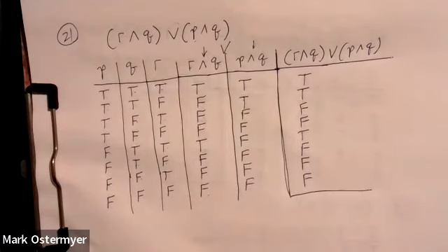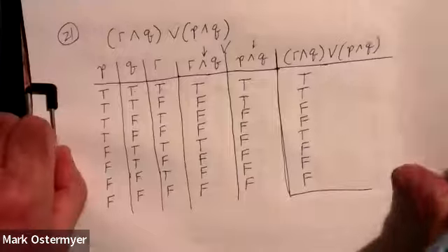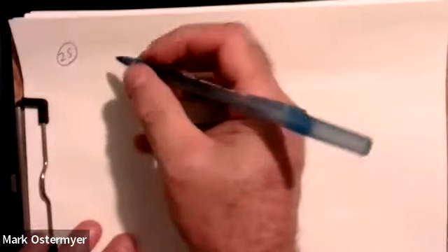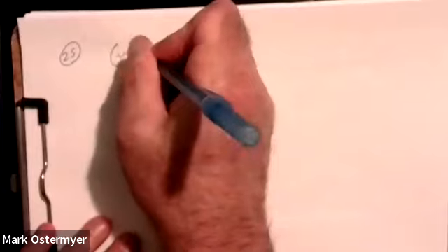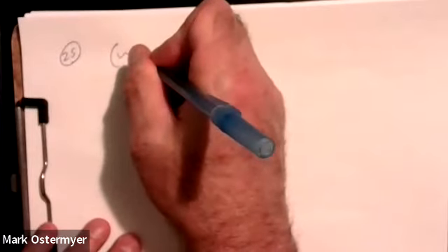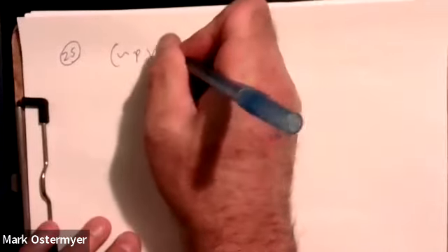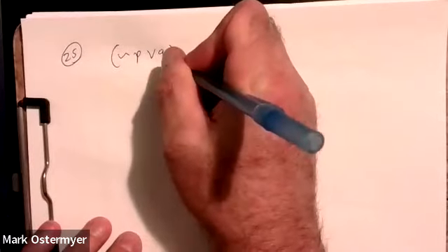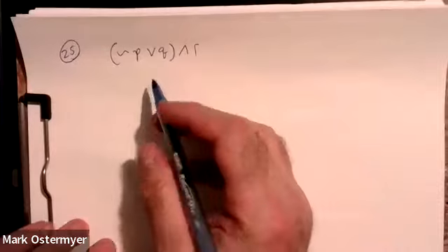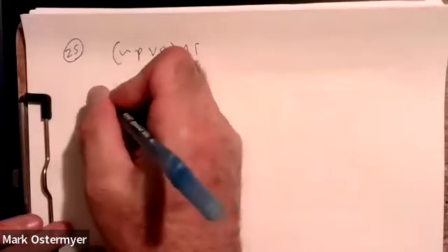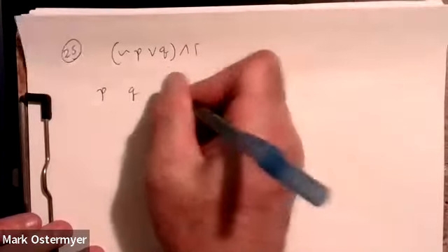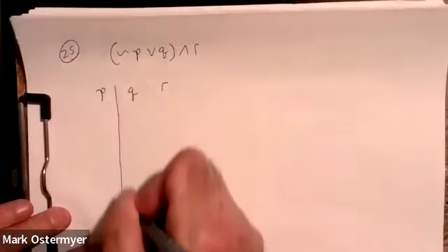All right, I'm going to do one more. 25. We have three simple statements, P, Q, and R, so we must have three columns, P, Q, and R, and we must have 8 possible combinations.